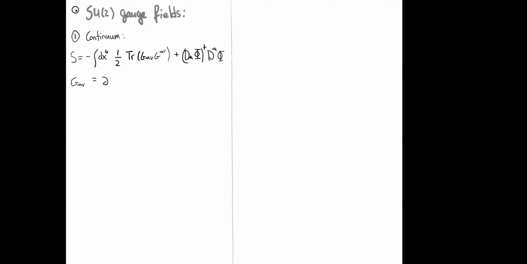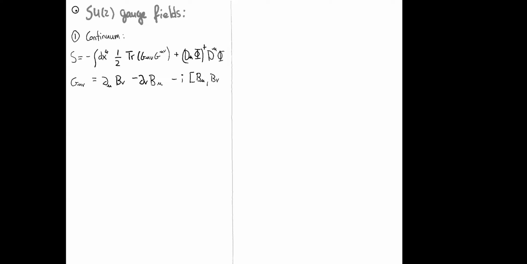So yeah, G mu nu is really my field strength tensor for the SU2 gauge field, and it goes as an abelian piece, like in electromagnetism. But since now it's a matrix that lives in SU2, it also has this commutator part that makes everything more complicated.